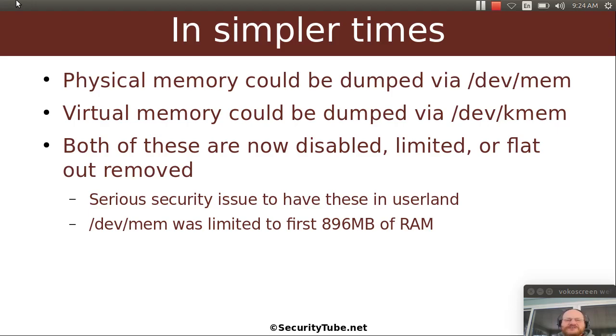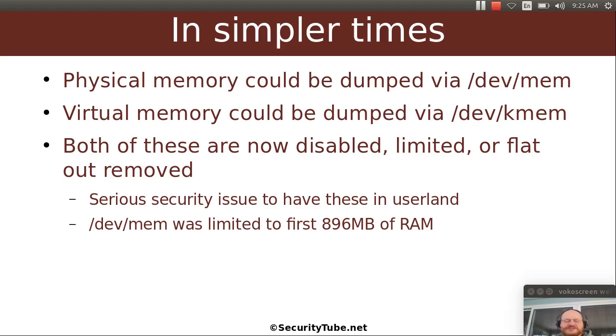So now these have been disabled or limited or just pretty much removed from any Linux that you're likely to encounter. If you can find a machine that still has devmem, it's limited to the first 896 meg of RAM. So you can't even get a gigabyte of RAM out of it.